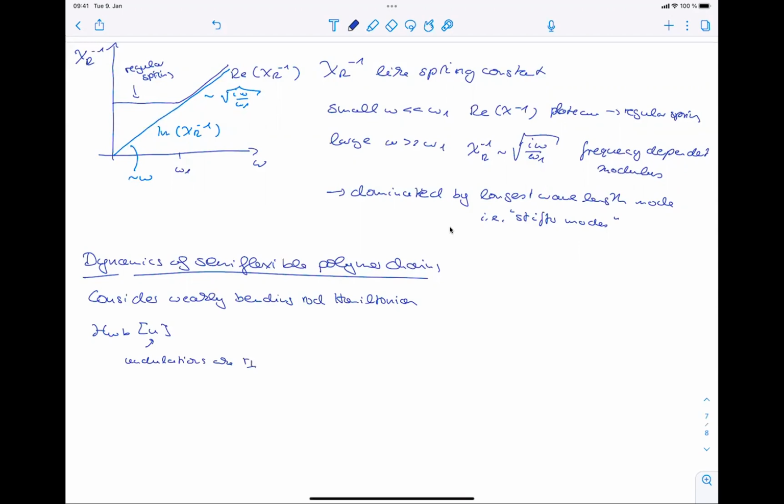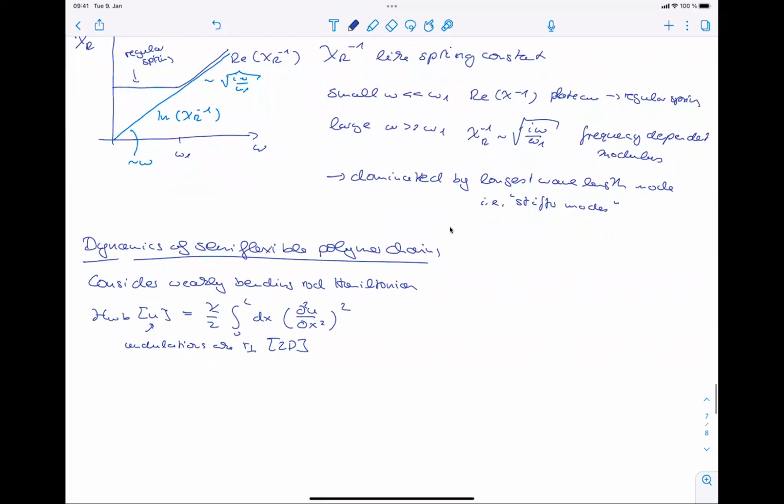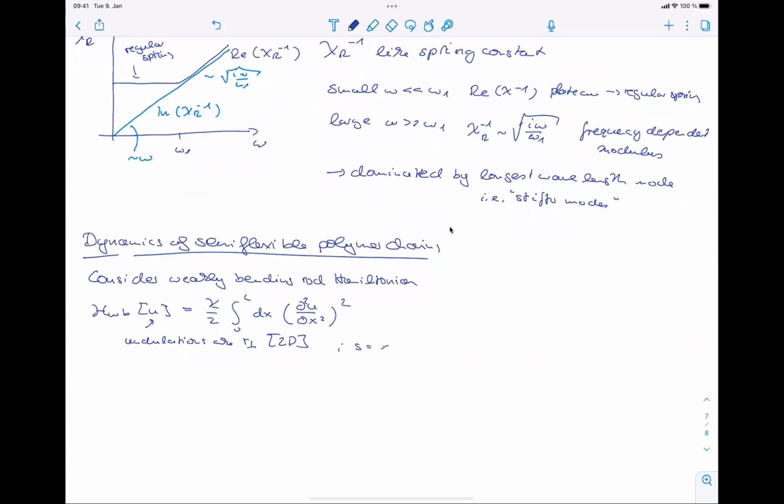These are perpendicular. And here, for brevity, I'm considering a 2D polymer, so we only consider one transversal mode instead of two that we would have in 3D. And then integrating over these undulations squared. And also we now have x equal s.